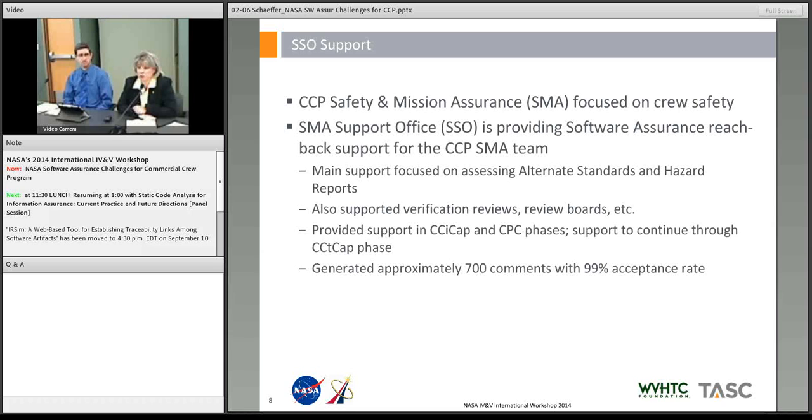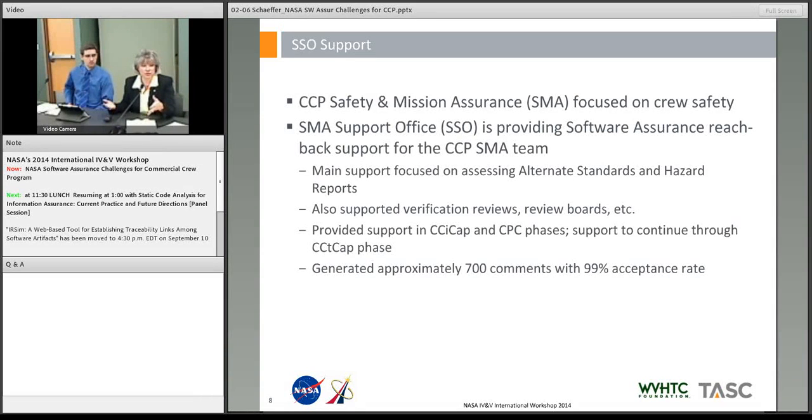We would have loved to have found out what the providers thought. We got some feedback, particularly in the CCI-CAP phase when there was a lot more dialogue and conversation and sharing. But because we were not the only ones looking at the documents that we were assessing, all of the CCP personnel who were looking at those documents, those comments were collected, collated, merged, melded, changed, and somewhere in there our comments existed, but then they went through a series of review boards before they ever got to the provider.